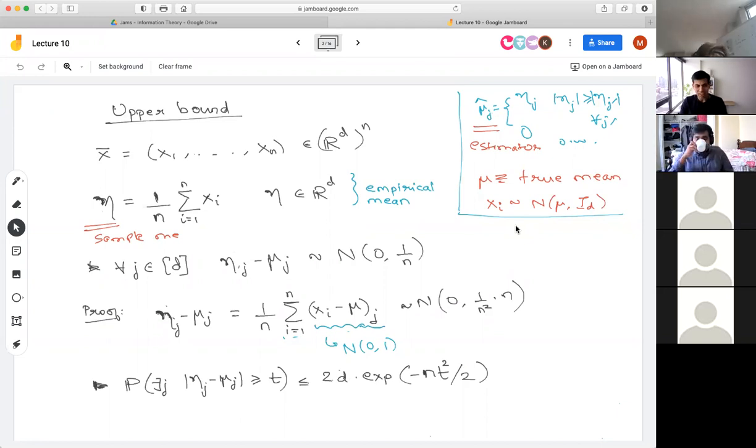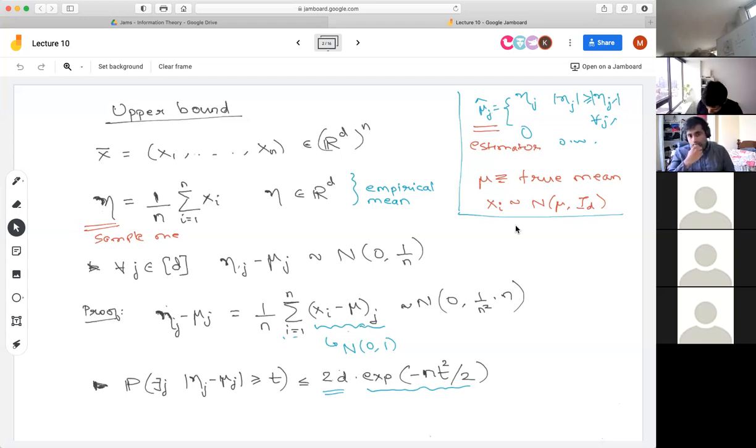The probability that a single Gaussian deviates by about t from its mean, if the variance of the Gaussian is sigma squared, you get this kind of bound with n replaced by sigma squared. And then there are d Gaussians we are talking about. Each coordinate is a Gaussian, and we are taking a union bound over all coordinates. So the probability that any coordinate deviates by at least t is at most this quantity, which is d times some exponential in n times t squared.